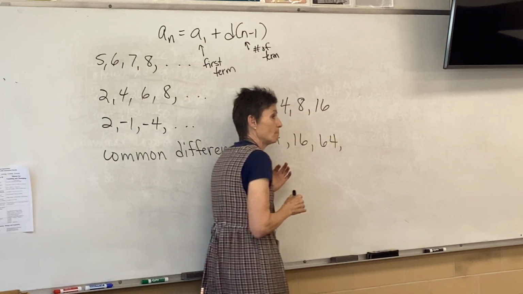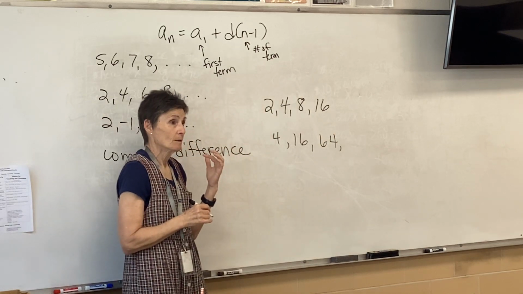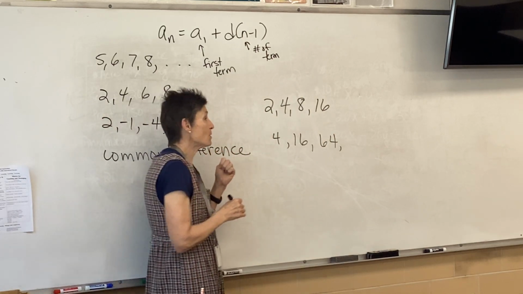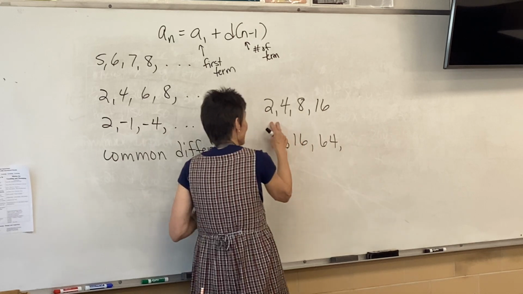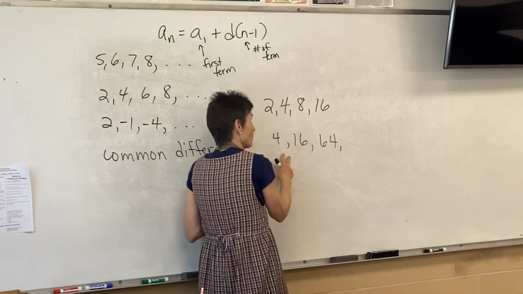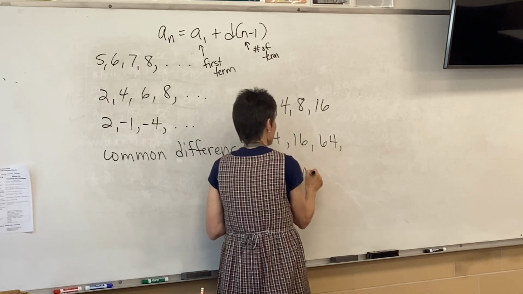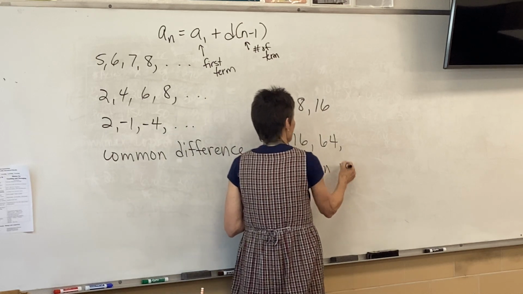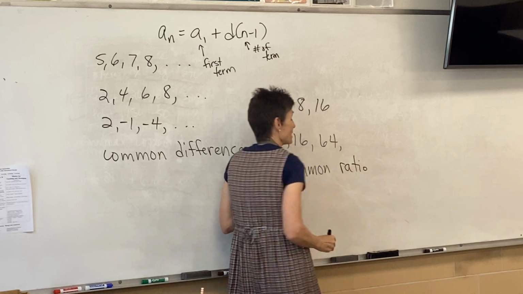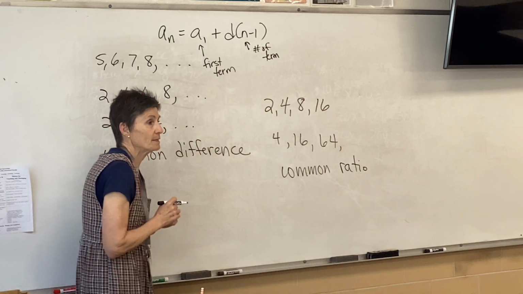What am I doing there? Multiplying by 4. The number that you multiply by, in my sequence it was 2, in Grant's sequence it's 4. The number that you multiply by in a geometric sequence is called the common ratio.